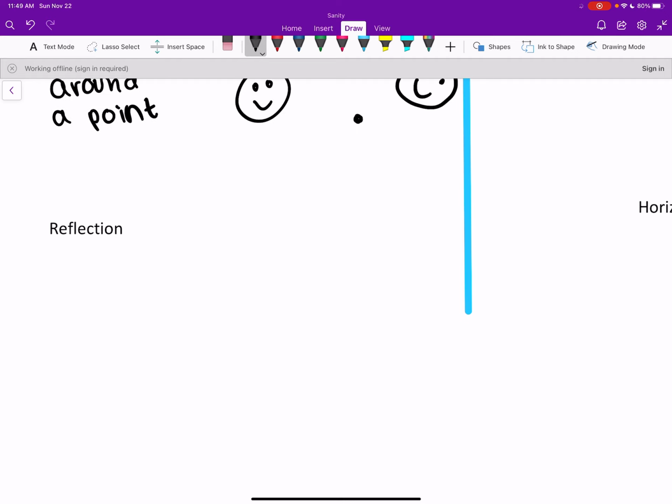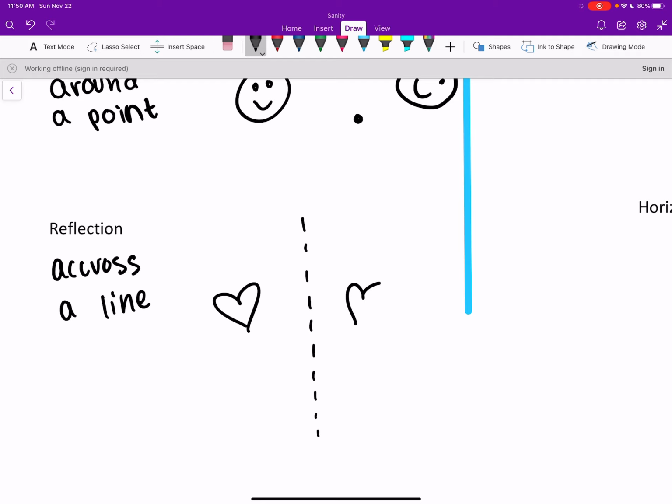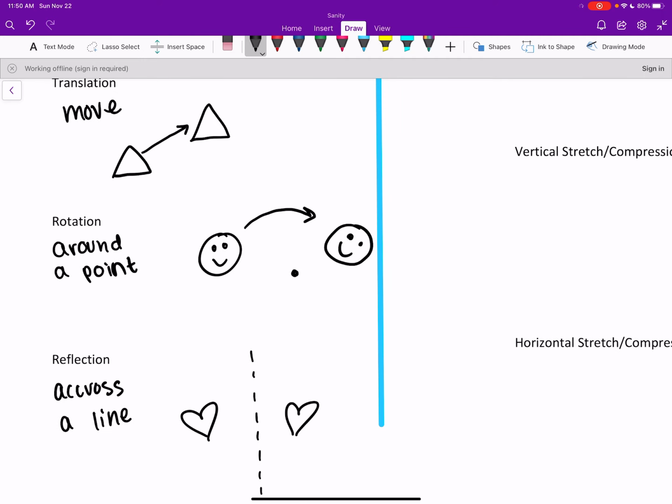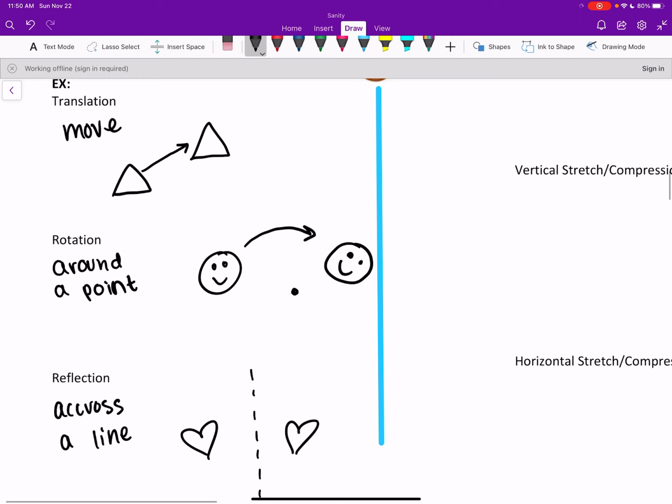Reflection, I don't know how to define these other than just it's reflecting across a line. So let's say that you've got this line of reflection and you have a heart over here. Well, reflecting it, it's going to look a little bit like that, obviously. Again, we're going to get more concrete definitions as we go through these because we're going to start applying them to points on our plane.